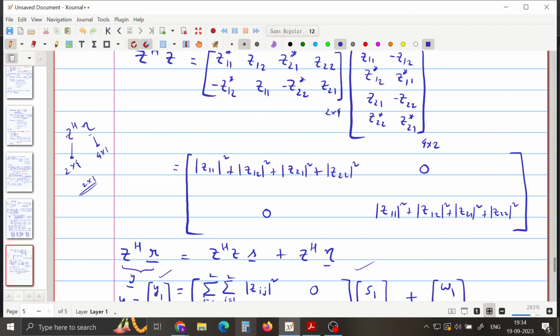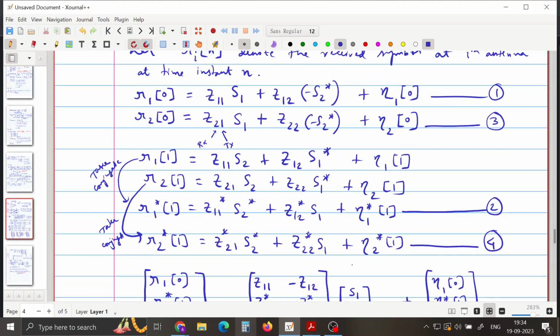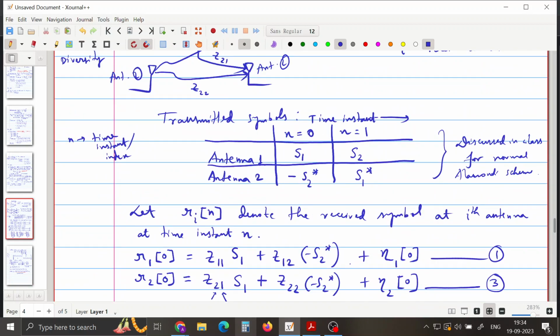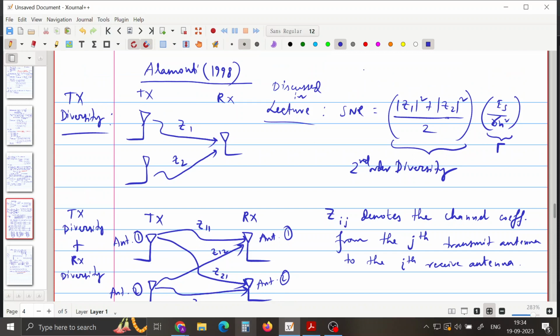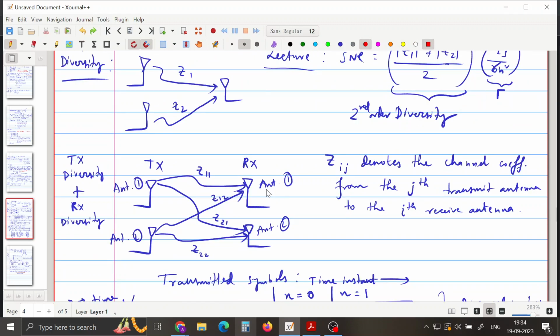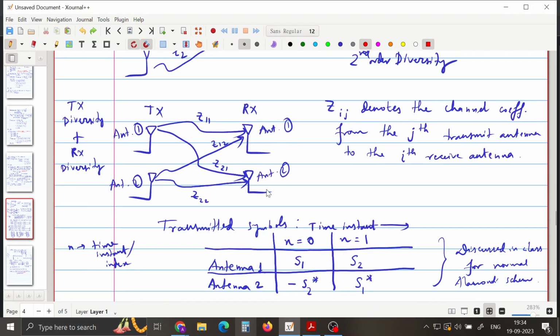Previously you had this kind of expression, there was only mod z1 square and mod z2 square. From second order diversity you actually move to 4th order diversity by employing another antenna at the receiver.